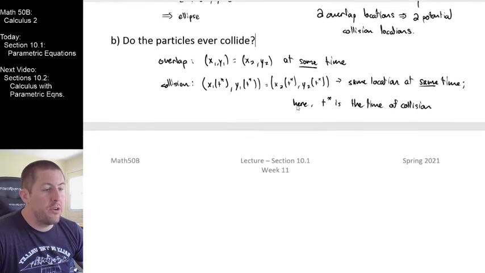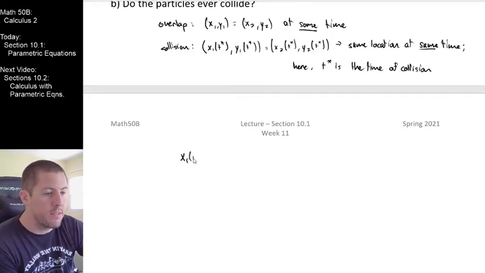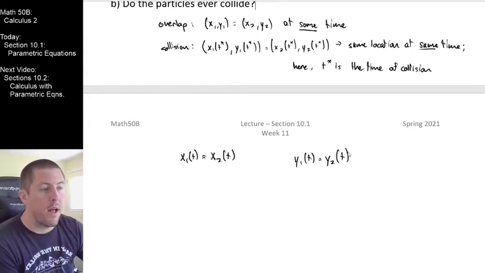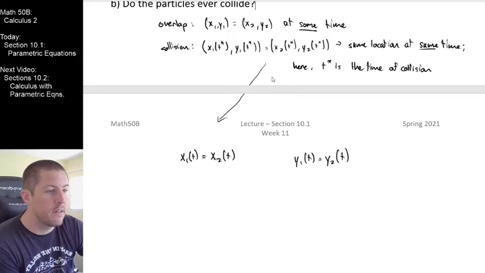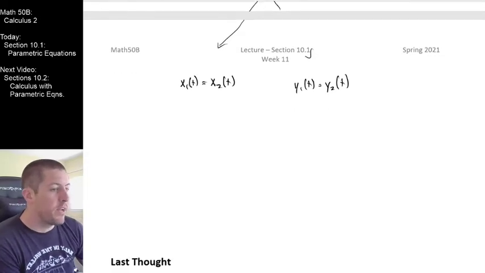So what do we need to do here? Well, based on this collision statement that I'm making, it needs to be the case that x1 of t needs to be the same as x2 of t, and y1 of t needs to be the same as y2 of t as well. That's what I got out of my collision equation right there. All right, so let's build two systems of equations and see if we can solve them.